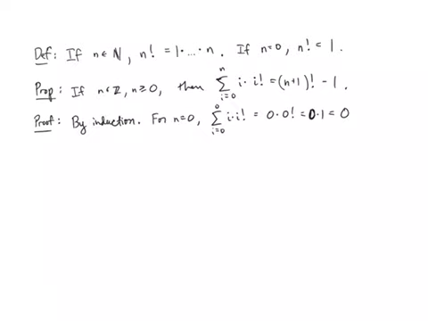And on the right-hand side, we have (0 plus 1) factorial minus 1 is 1 factorial minus 1, which is 1 minus 1, which is 0. And so we get 0 on both sides. So we've established the base case.